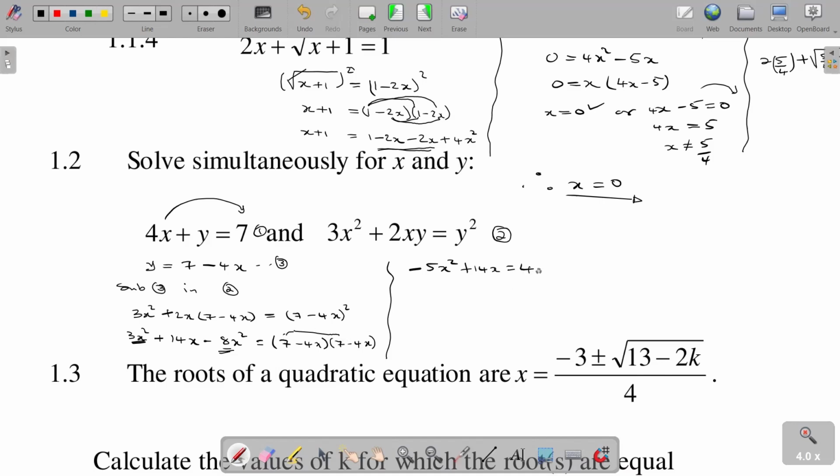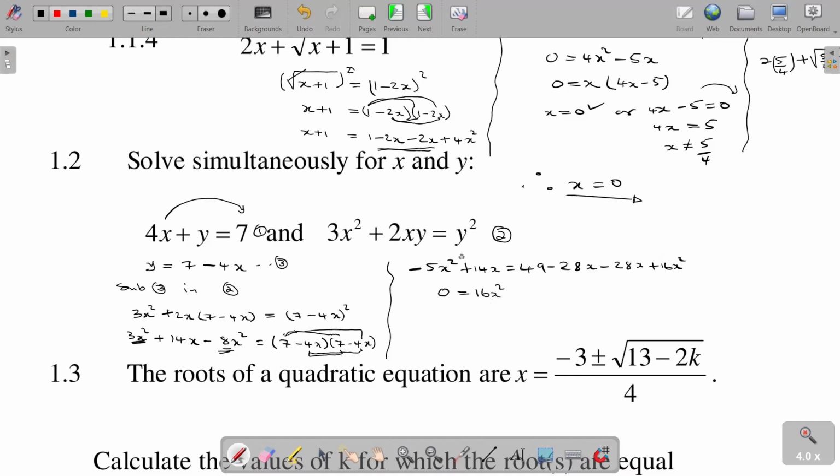7 times 7 is going to be 49. Then 7 and 4x is going to be minus 28x, and here minus 28x. Then the 4 there and there is going to be plus 16x squared. So standardizing, here will be 0 equal to, we have 16x squared.